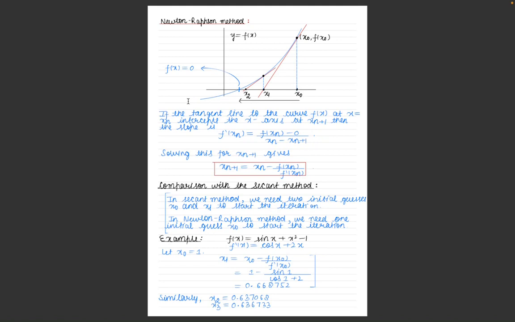This graph is y equal to f(x). Now what you do, you draw the tangent line to this point, and you see where it intersects the x-axis. It intersects the x-axis at this x1, and this will be our next iteration.